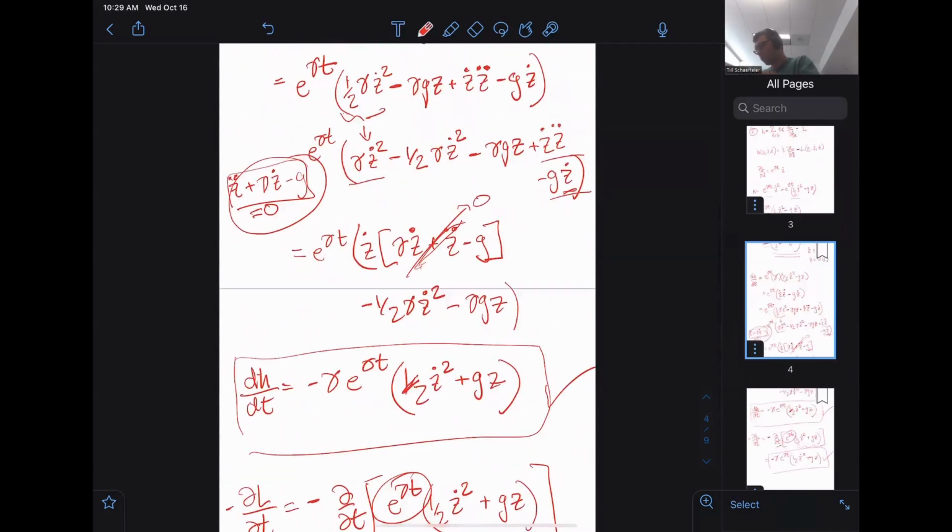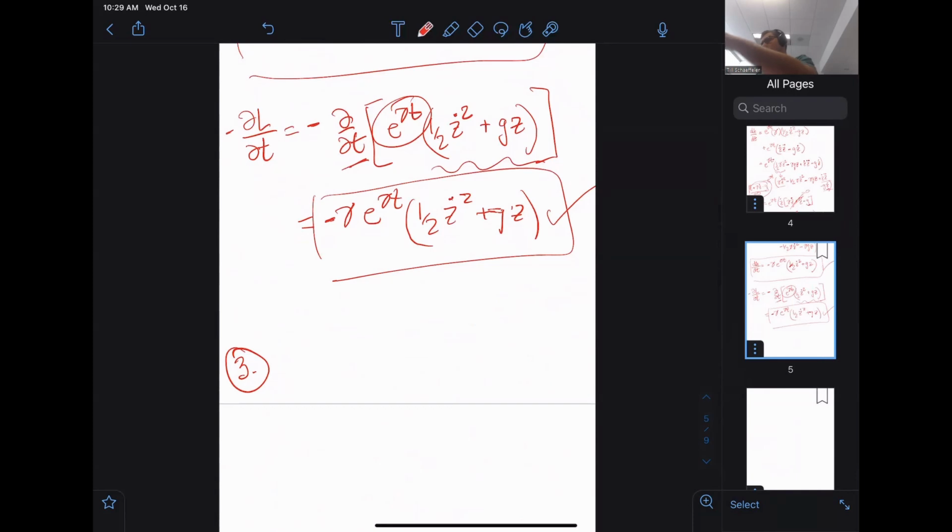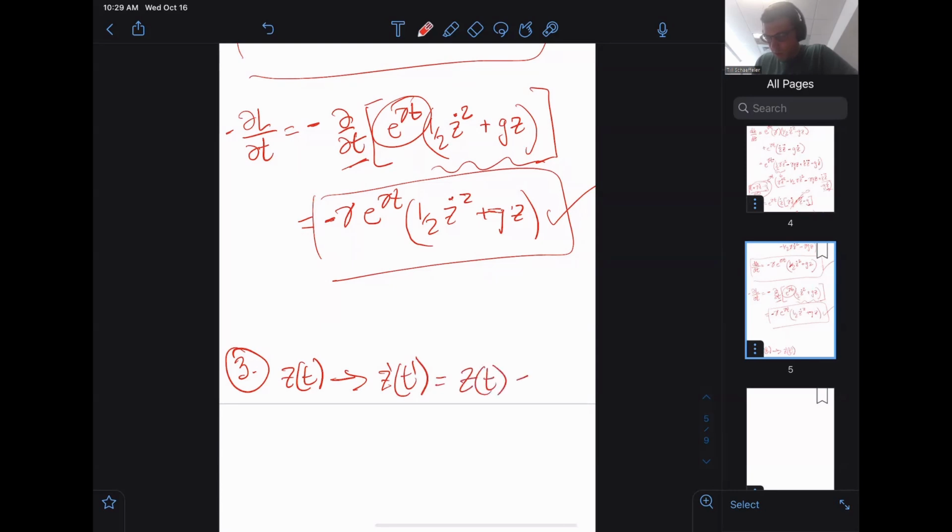So z of t goes to z prime of t prime, which is equal to z of t plus epsilon.